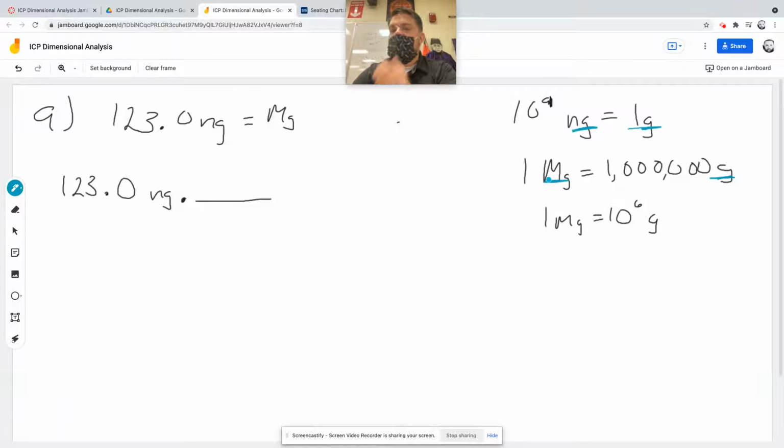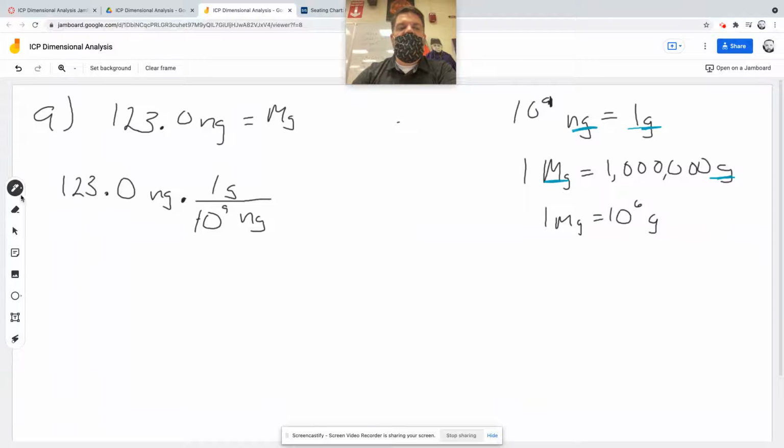That's the path I'm going to take. On this first conversion ratio, I'm either going to put the nanograms on the bottom or grams on the bottom. I'm going to put nanograms on the bottom because that lets me cancel things out. So I know that there are 10 to the 9 nanograms in 1 gram.